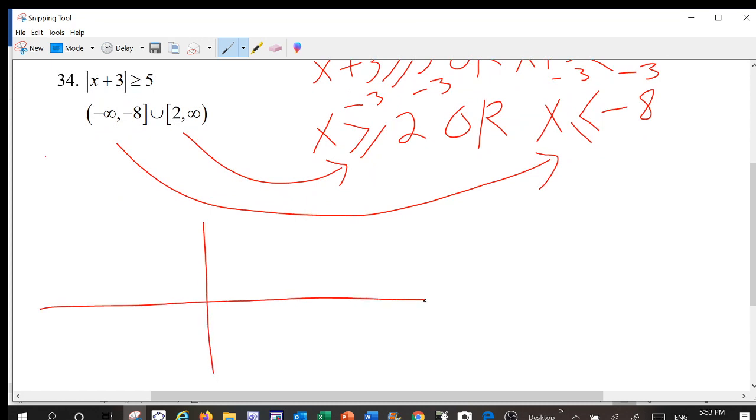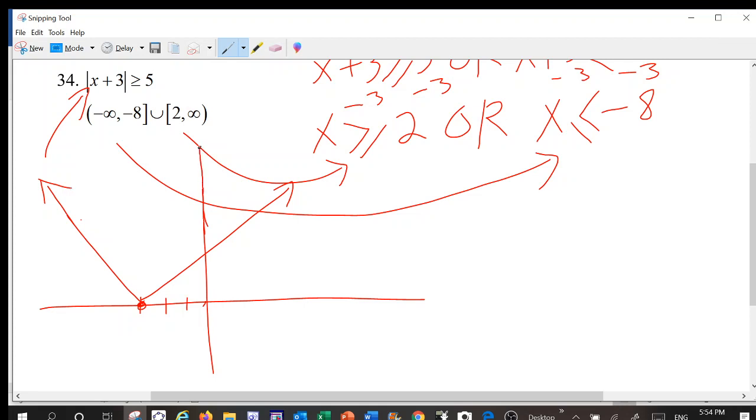Now, if you were to graph this, you're going to see that the graph of absolute value of x plus 3 is basically the absolute value graph moved to the left 3 units. Now, normally absolute value starts at 0, so we're going to go to the left, right, and graph it, something like that, right, something like that.